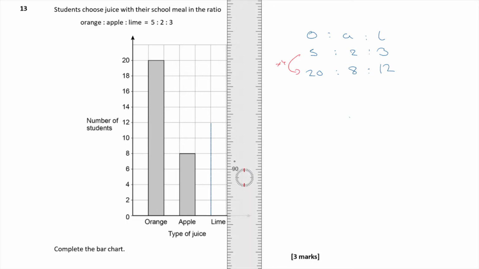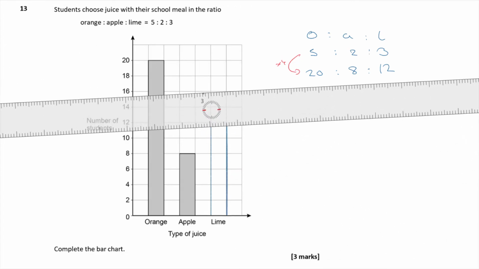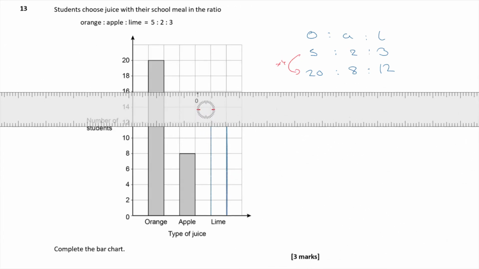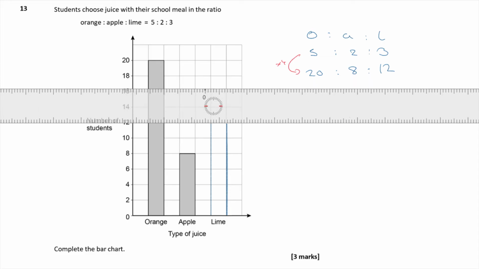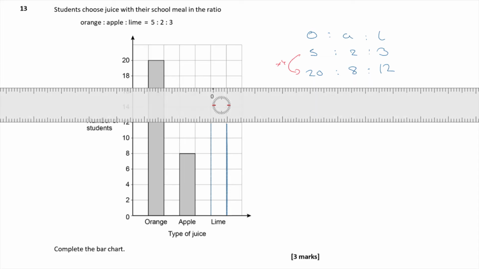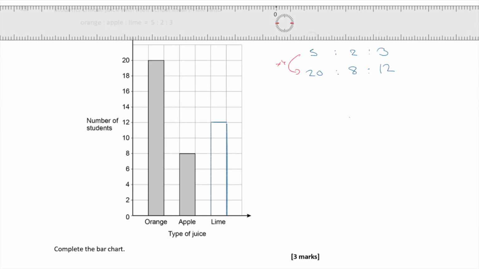Just try and copy the pattern that you've been given for the other bars. Make yours look as much the same as you can, so it should all match. Finishing off my bar there. I might just shade it in quickly because the other 2 bars are shaded. Again, I just want to make it match.